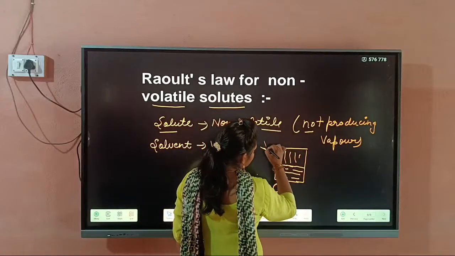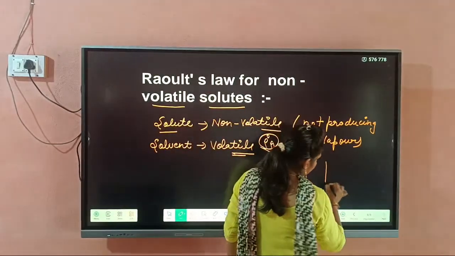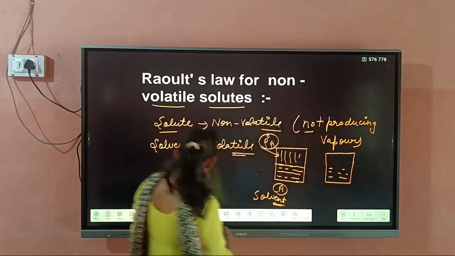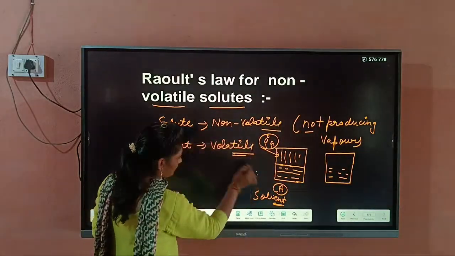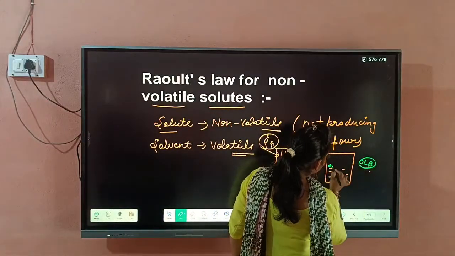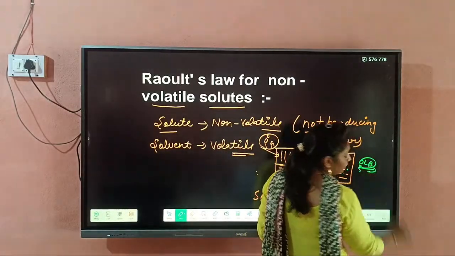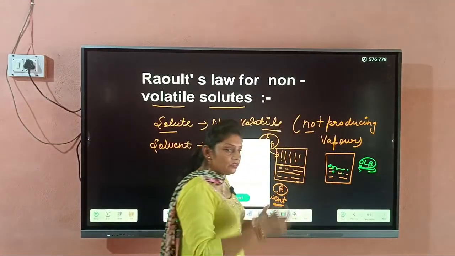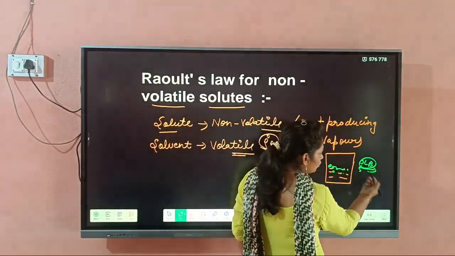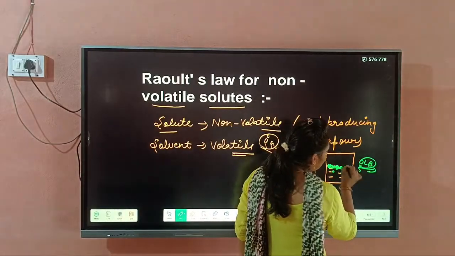Let us consider this pressure is P naught A. But if we add some solute, that is XB. Let us consider we are adding some molecules of solute, but these are not producing the vapors, but they are affecting the pressure of the solvent, because some molecules of the solutes are also present at the surface of the liquid.